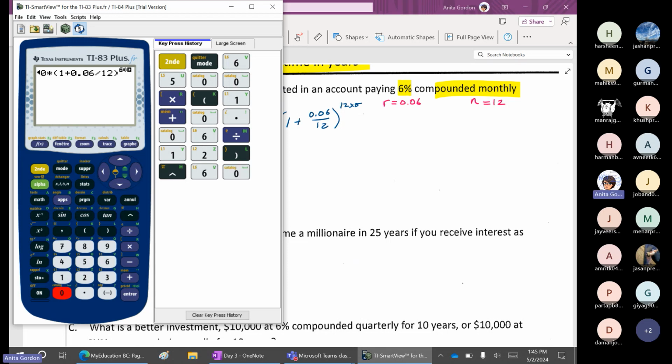Okay, so I simplified 12 times 5 is 60. Very carefully put it into my calculator. And this tells me that my investment will be worth $8,767. And because we are working with dollars, we will always round to 2 decimals. Even if it's a whole number, you're going to put 00 behind it. Okay?